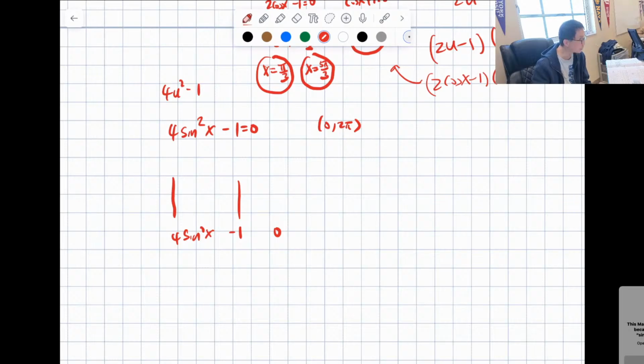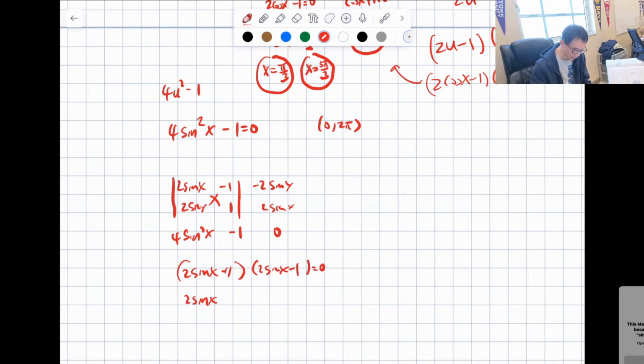Which two things multiply to 4 sine squared x? 2 sine of x and 2 sine of x, and this is 1 and 1. Which one needs to be negative? It doesn't matter, because it gives negative 2 sine of x and positive 2 sine of x. So we get 2 sine of x plus 1, and 2 sine of x minus 1.